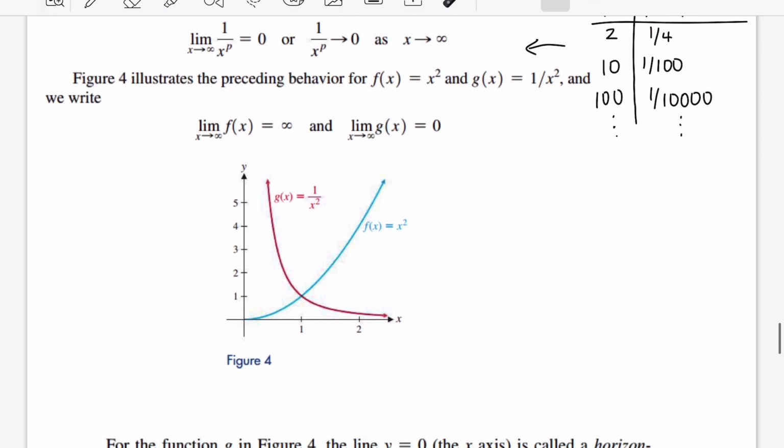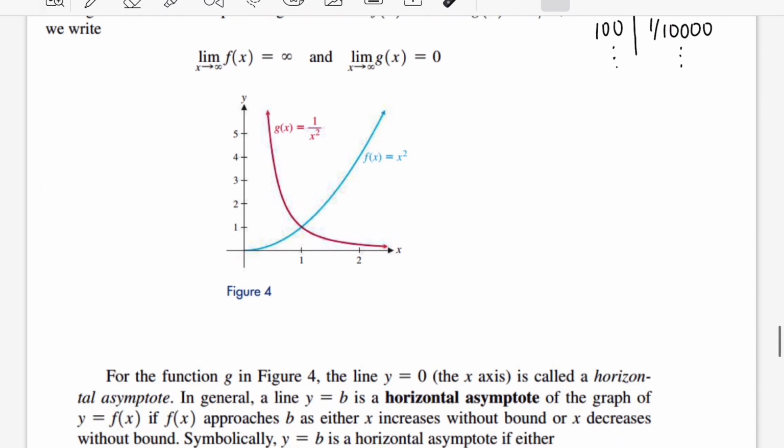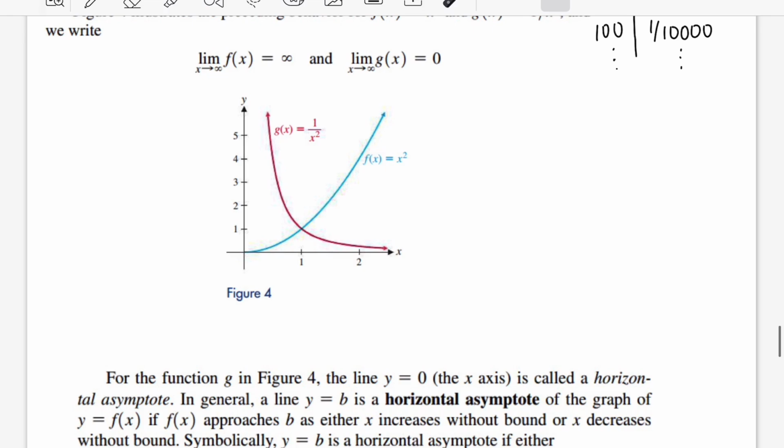All right, now for our function in this graph, we have this line here, y is equal to 0, and it's called the horizontal asymptote. And we're told that in general, this line y is equal to b will be a horizontal asymptote of our graph if our function approaches b as x increases without bound or decreases without bound.